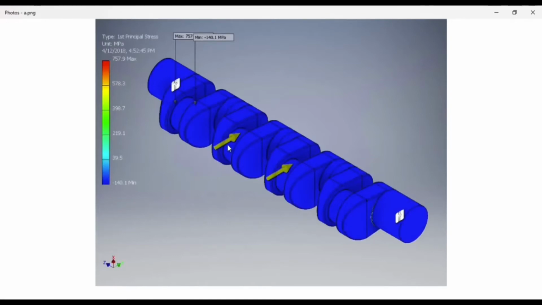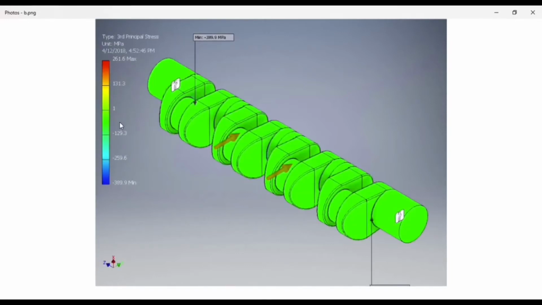and we apply 3.33 kilonewton of force to the crankshaft, and we can get the first principal stress, which in this area is the minimum, negative 140.1 megapascal, and the maximum is in this area, which is 757.9 megapascal.